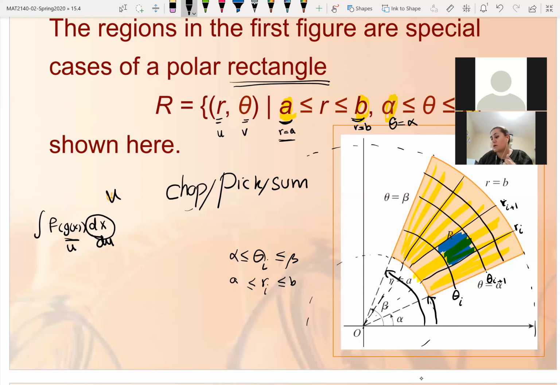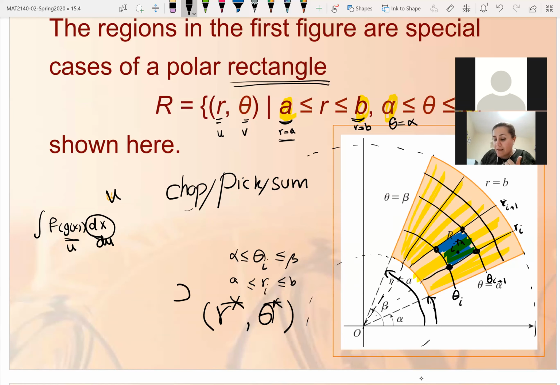So that's my ith piece right over there. If I want to pick a lucky point, I must call it r star, theta star. Again, there are many options. I can pick this point, this point, this point, this point, or the midpoint. So I just call it a lucky point, okay?